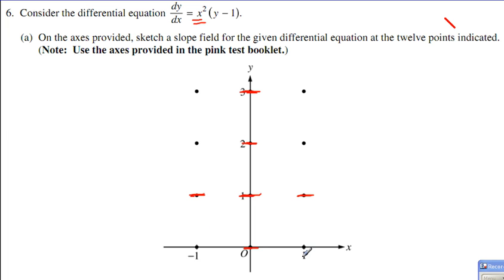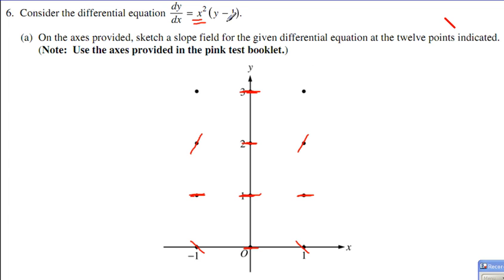So here the point was 1 comma 0. So 1 is here, 0 is here, then we end up getting negative 1 slope, and I'm just going to put negative 1 here. How about 1 comma 2? Then the result will be positive 1, so positive 1 right over here.